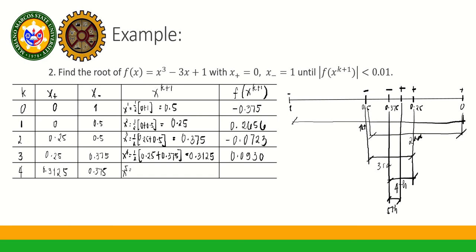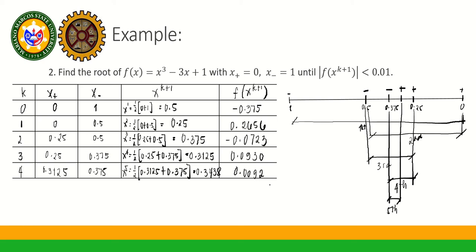So x raised to 5 is equal to 1 half times 0.3125 plus 0.375, and this is equal to 0.3438. And if we are going to plug this into our function, we will get 0.0092.